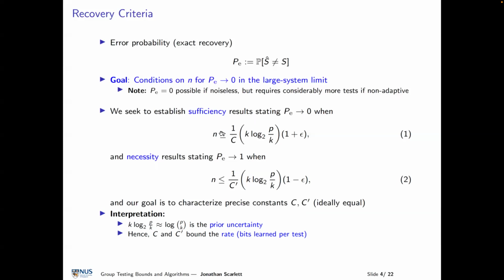So if we had N tests and the prior uncertainty was K log P over K, then when you rearrange things a bit, C basically represents the prior uncertainty divided by the number of tests, and therefore it's representing how much information you're learning per test. That normalization will be nice because it means 1 is the maximum. We can't learn more than 1 bit per test because the test outcomes are binary. And we'll get these constants going from 0 to 1 instead of 1 to infinity. So normalizing this way turns out to be nicer, and this rate is interpreted as how much we learn from each test.